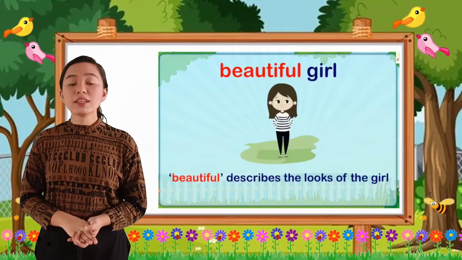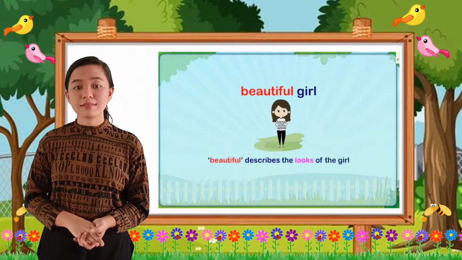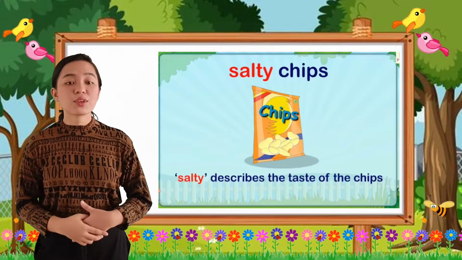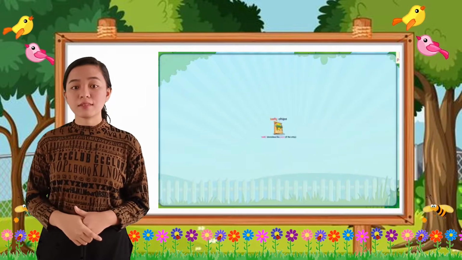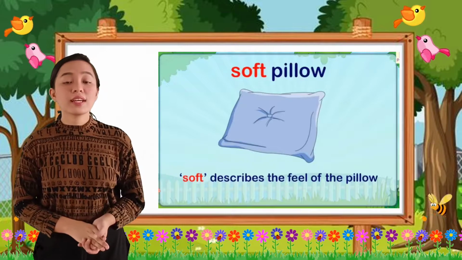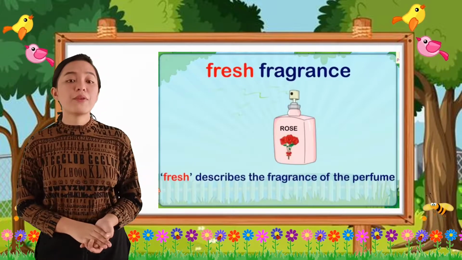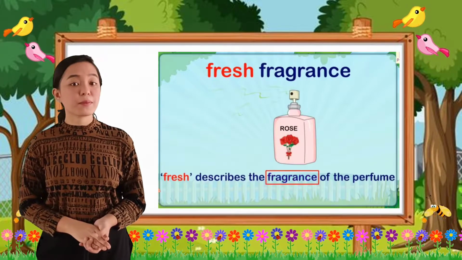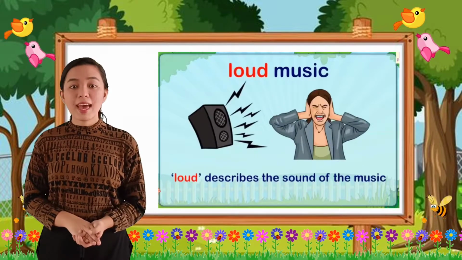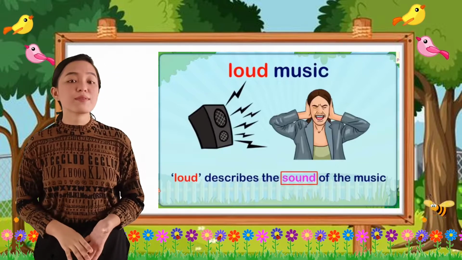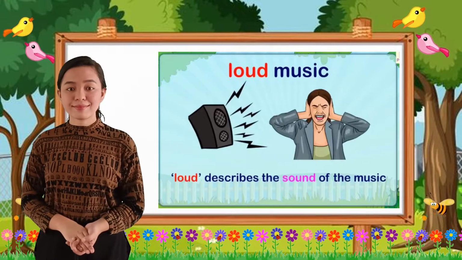Here, beautiful describes the looks of the girl. Salty describes the taste of the chips. Soft describes the feel of the pillow. Fresh describes the fragrance of the perfume. And loud describes the sound of the music.